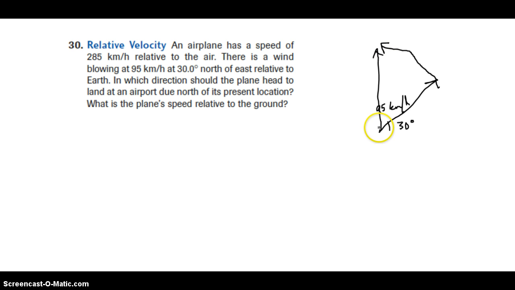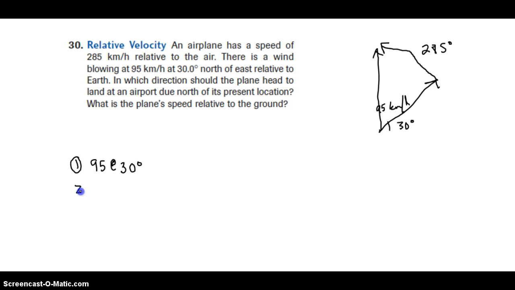So in other words, we want this vector, the air vector, plus the plane speed vector, which is 285 at some angle, to equal some magnitude due north, or at an angle of 90 degrees. So when we're adding those vectors together, we have our first vector that is 95 kilometers per hour at 30 degrees.